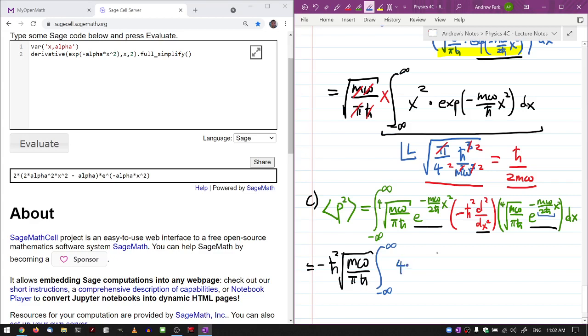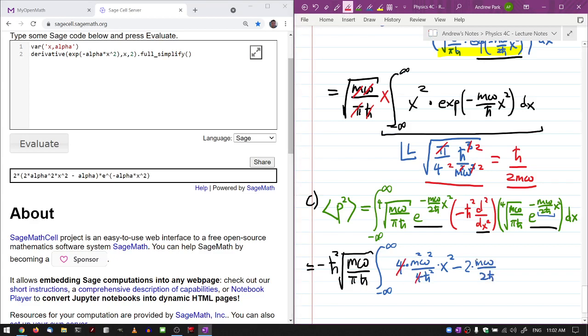4 times alpha squared, m squared omega squared over 4 h bar squared times x squared. That's the first term, minus 2 alpha, 2 times m omega over 2h bar.